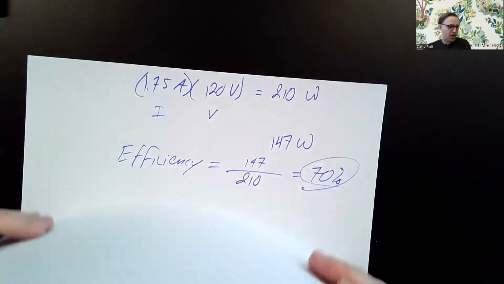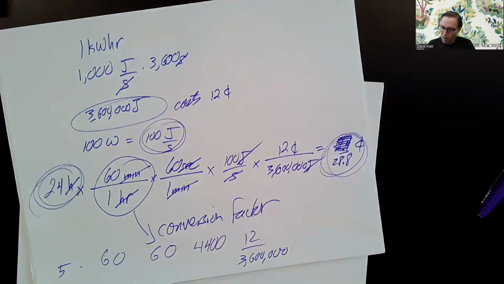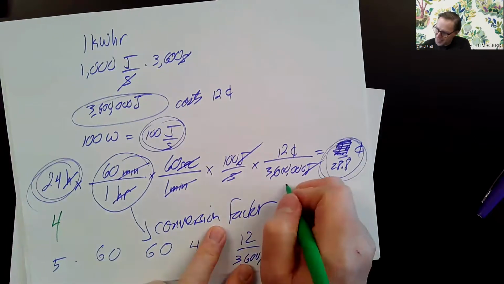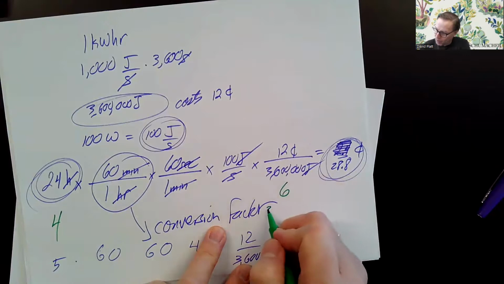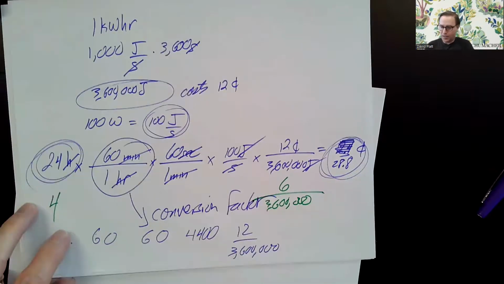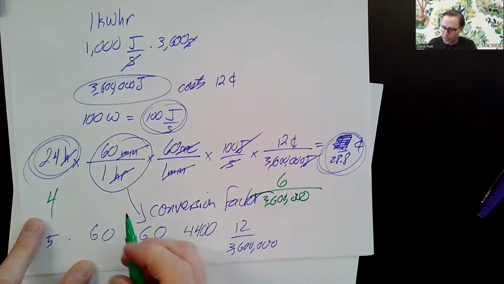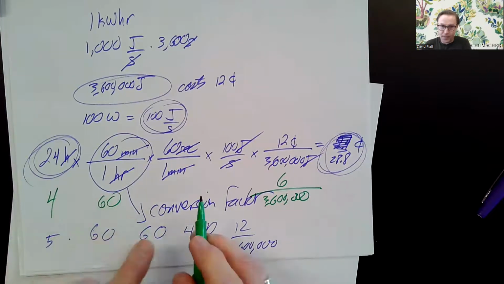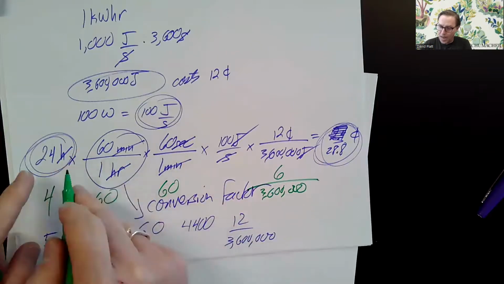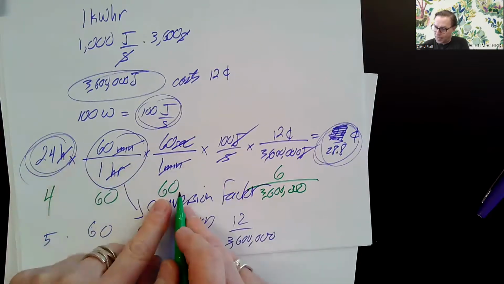If I'm now going to run it for 4 hours, and they're only going to charge me 6 cents per kilowatt hour, right? So instead of 24 hours, it's 4 hours. I'm going to multiply by 60 to convert from hours to minutes, and then from minutes to seconds.